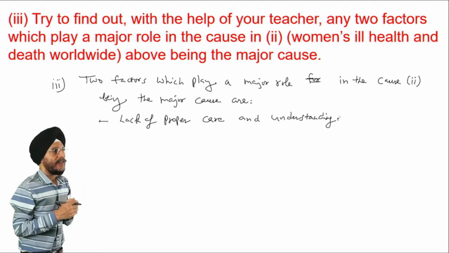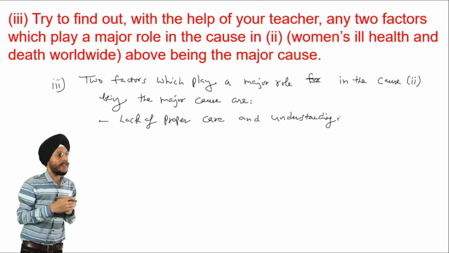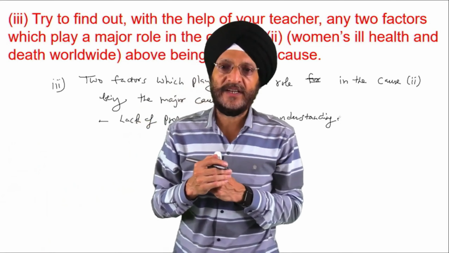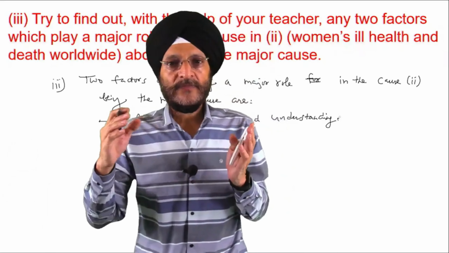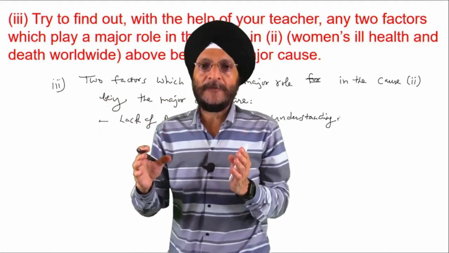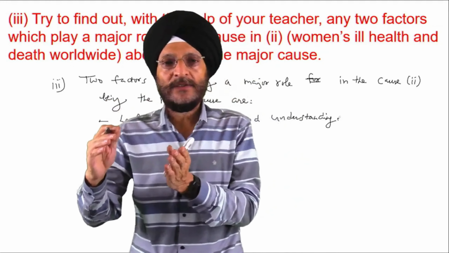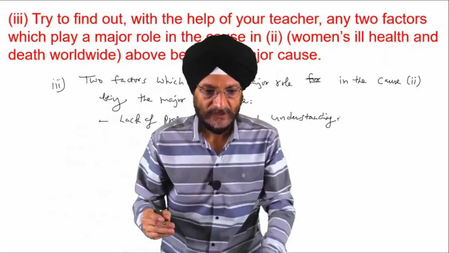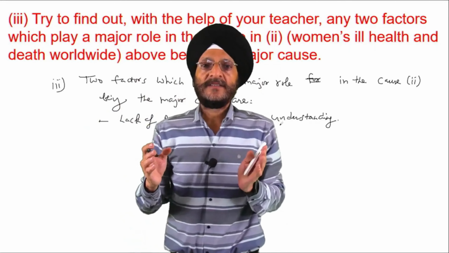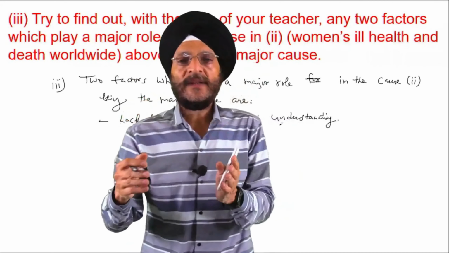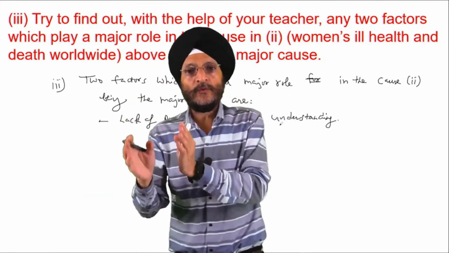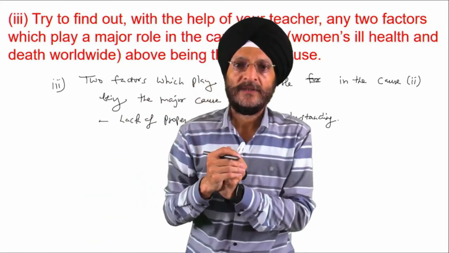That is, on one side, the women themselves do not take care of themselves mostly. On the other side, the family also may not be taking proper care of the women, and it is mostly thought that the women will take care of themselves and there is no need that we should take care of the woman.